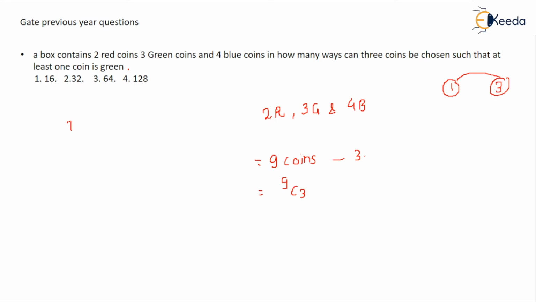Out of total cases, if I subtract the cases where the coin is not green, that means it is red or blue, I will get the cases which are left with the green color.